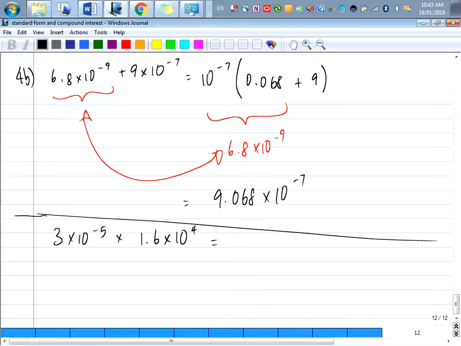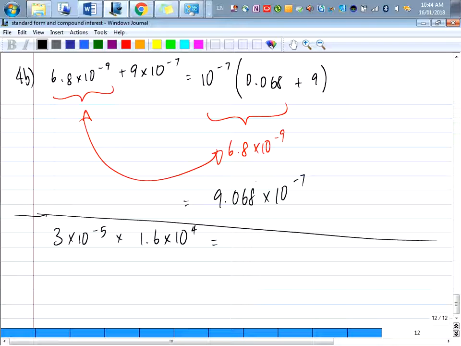For this question, is there a need to factorize anything out? Are we doing addition or subtraction? We're not. We're just doing multiplication. And don't forget your laws of indices. What do you do when you are multiplying two numbers with the same base but different powers?